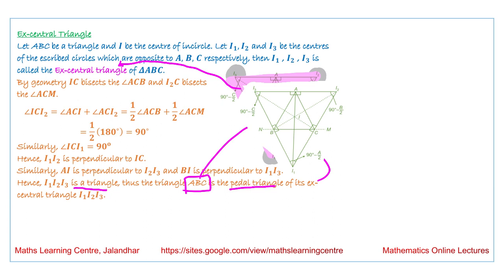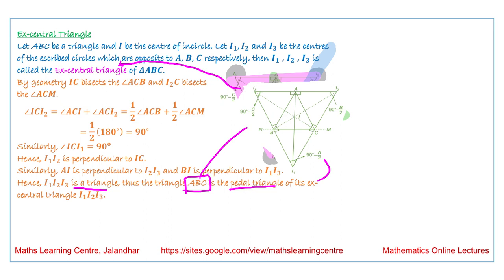So how we are going to prove this is, we are saying that IC, this is I and this is C, bisects the angle ACB. This angle is bisected over here, and I2C bisects the angle ACM. This ACM we are saying is over here, and this I2C is the bisector of this angle.